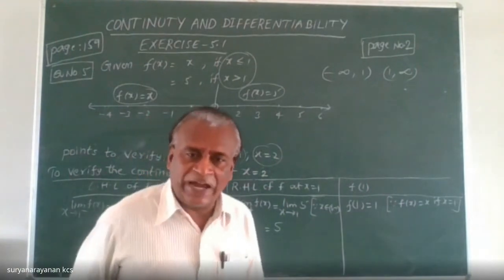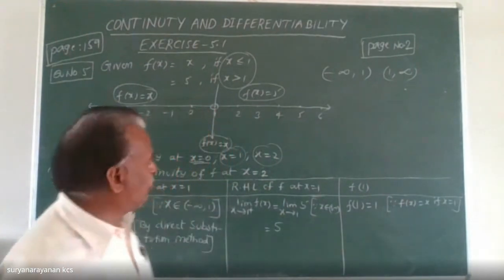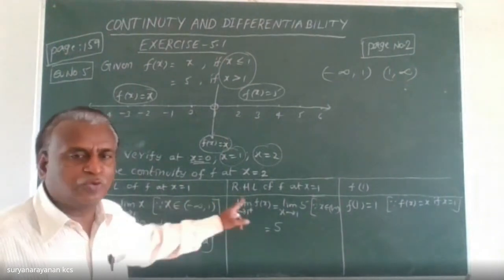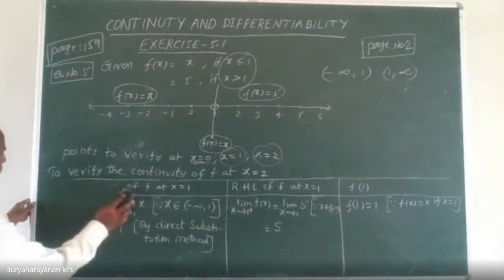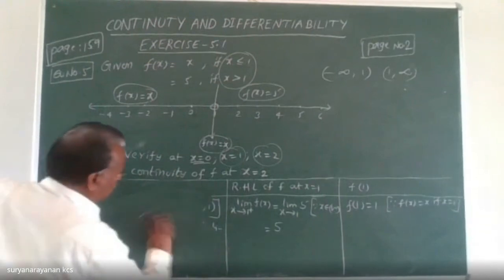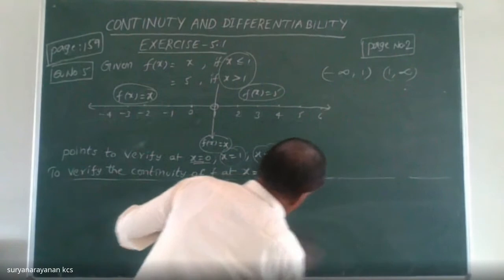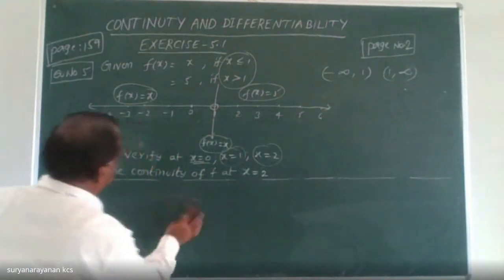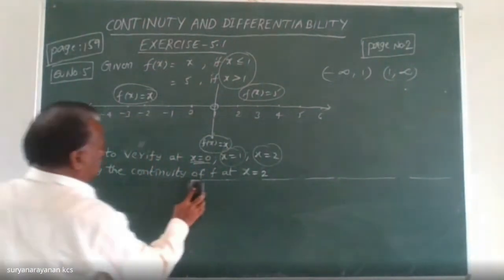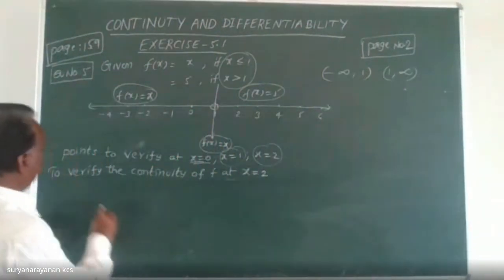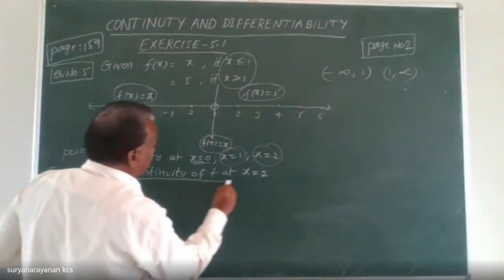No need to find these 2 steps. Directly, we find the limit of this function at x is equal to 2.